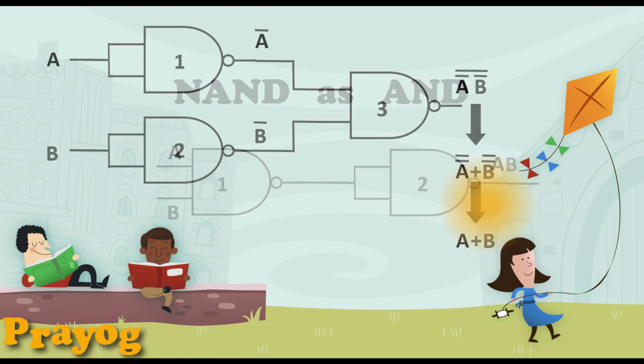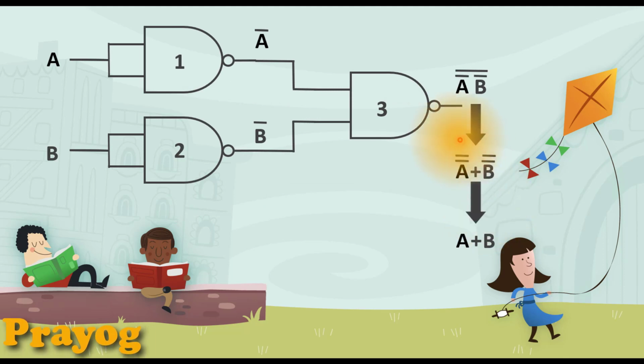Consider the next diagram which contains three NAND gates. In gate number 1 and gate number 2, inputs are being shorted, and they are connected to A as well as B. That means gate number 1 inputs are shorted and a single input is being fed, whereas for gate number 2 again the same thing, inputs are being shorted and connected to input B, which are going to produce A bar and B bar.